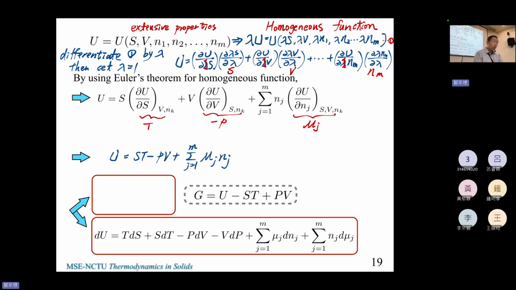All right. So this one can make two conclusions. The first one is that if you know that G equals U minus ST plus PV, so actually G is the sum from j equals 1 to m of mu j nj.